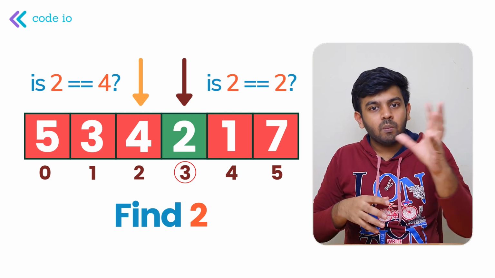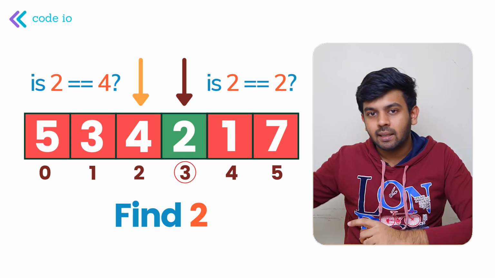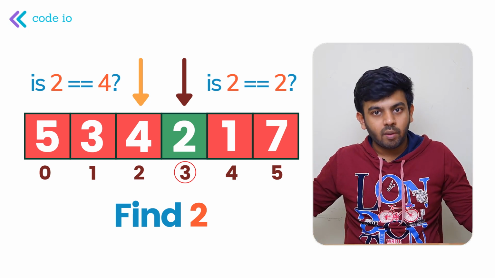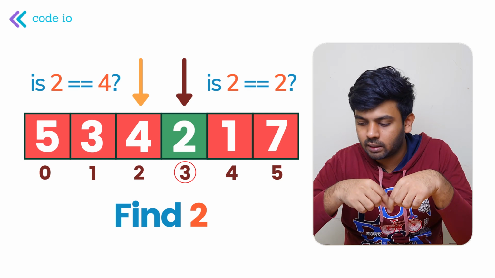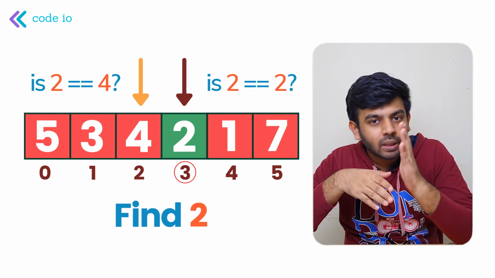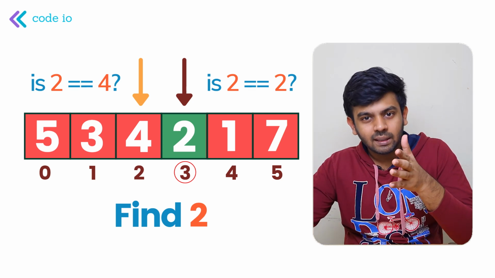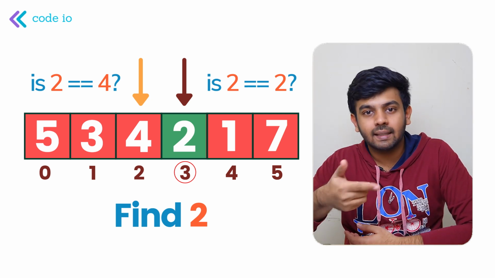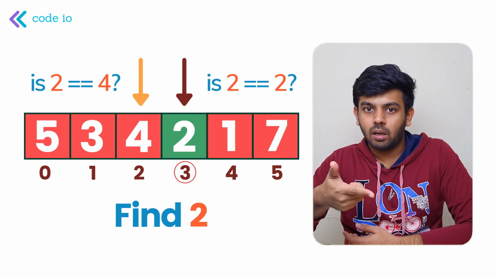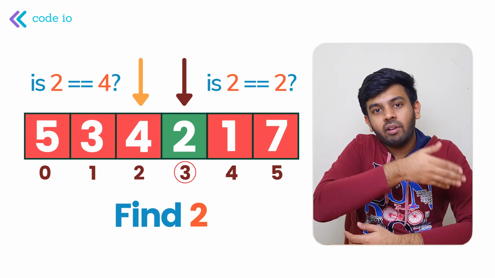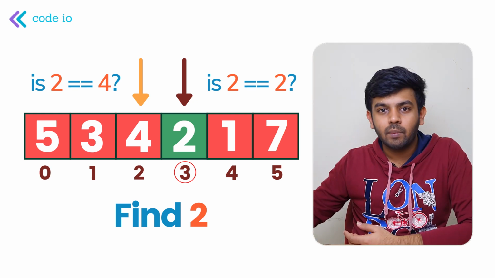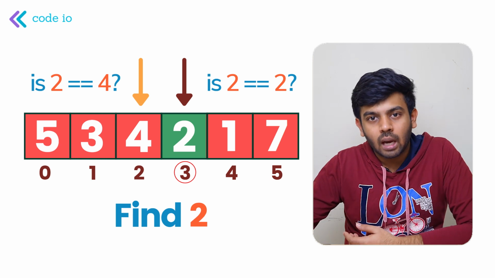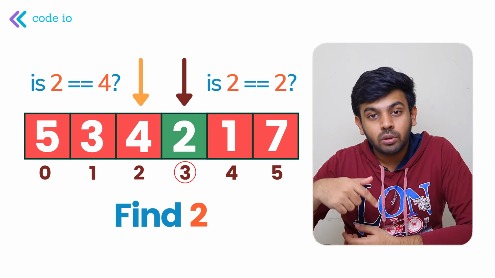So instead of searching from one end and moving to the other end, we are searching from both the ends and coming towards the middle. The worst case scenario for the previous algorithm was when the element is present at the last index, so we would have to compare every single element before going to the last one, and that is reduced in this case.